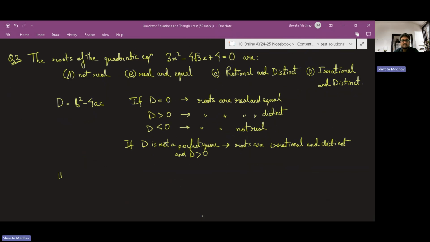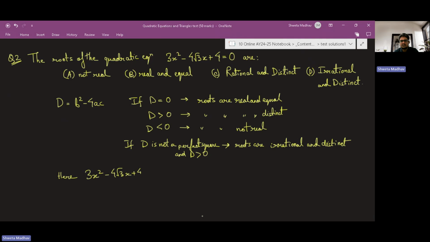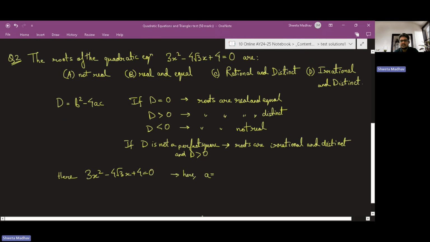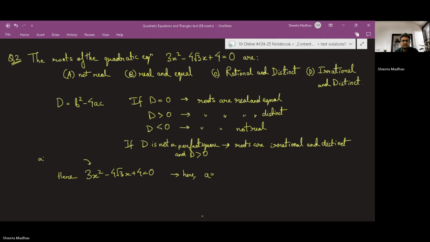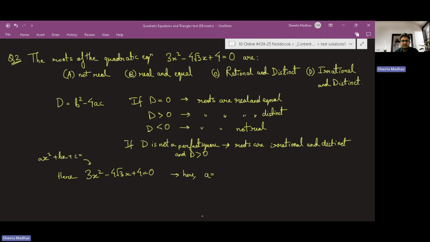So here the quadratic equation is given as 3x square minus 4 root 3x plus 4 equal to 0. So here we can see that the value of a is the coefficient of x square, since we have to compare it with the general expression of a quadratic equation, which is ax square plus bx plus c equal to 0.